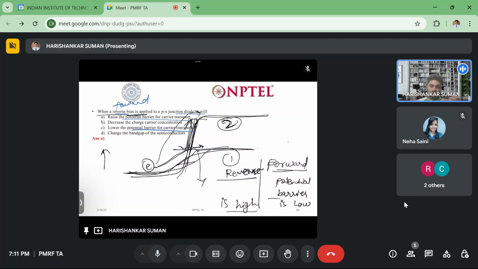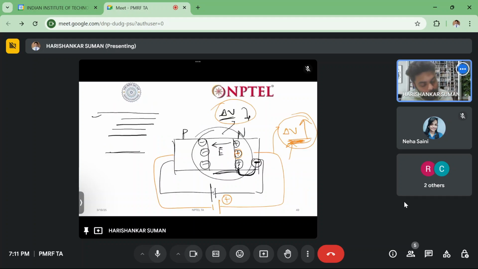But in reverse bias, depletion width goes higher. For forward PN junction diode, depletion region width decreases, and built-in potential decreases also.